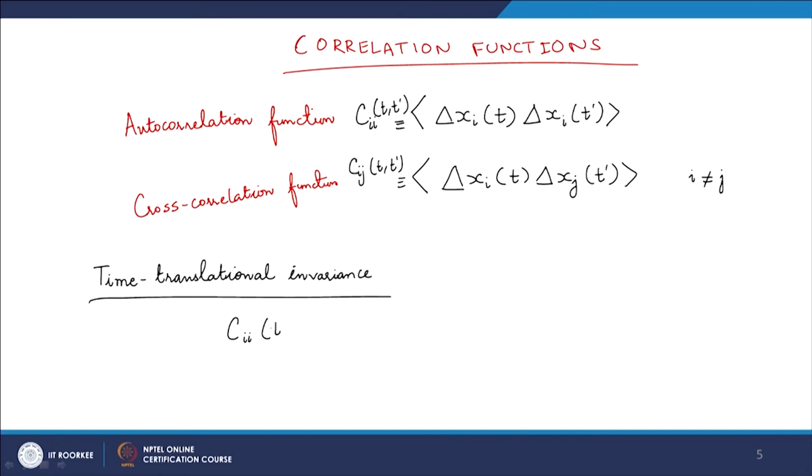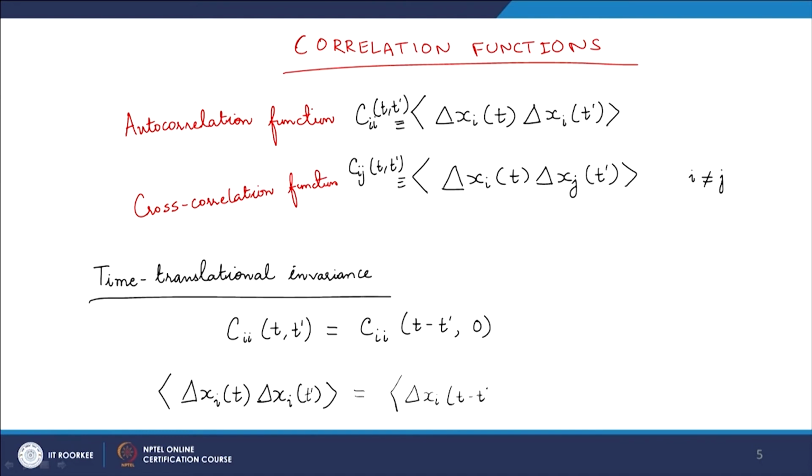In other words, C_ii(t, t prime) is equal to C_ii(t minus t prime, 0), or delta xi(t) delta xi(t prime) is equal to delta xi(t minus t prime) delta xi(0).